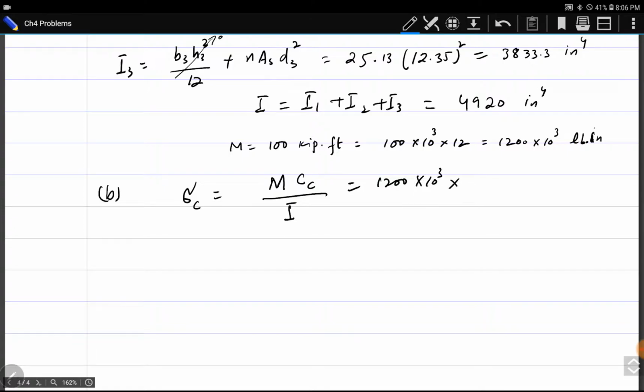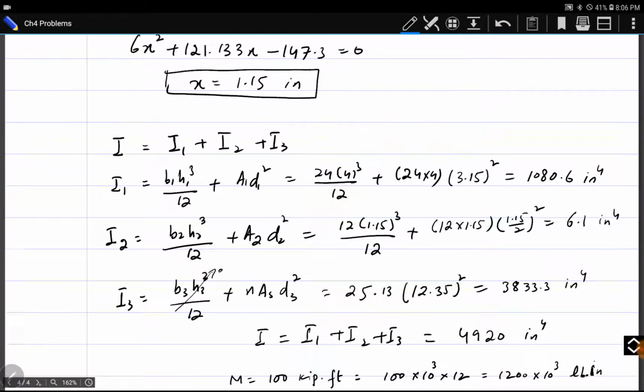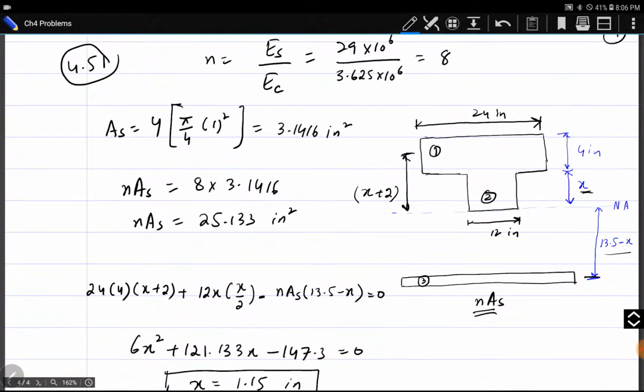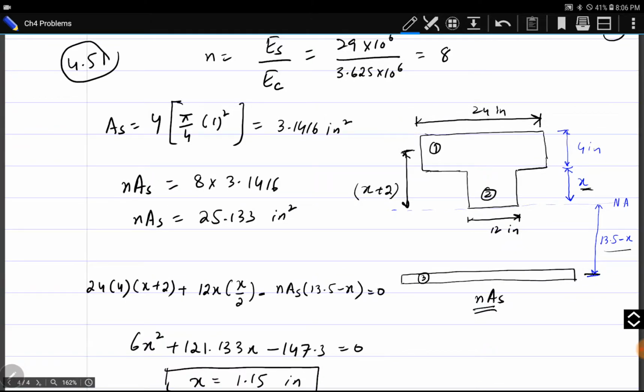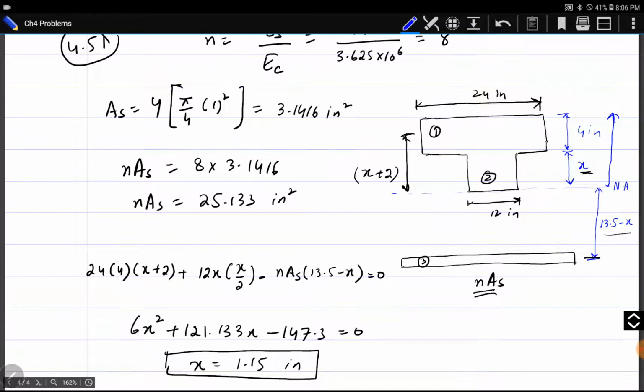C for concrete is the distance of the outer surface of concrete from the neutral axis. It is x plus 4. X is 1.15 plus 4, so it is 5.15.